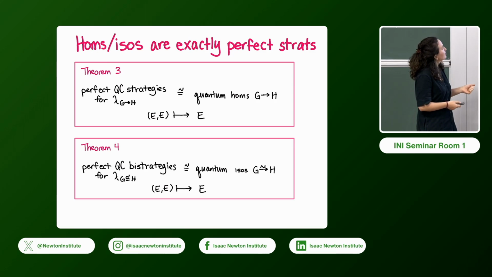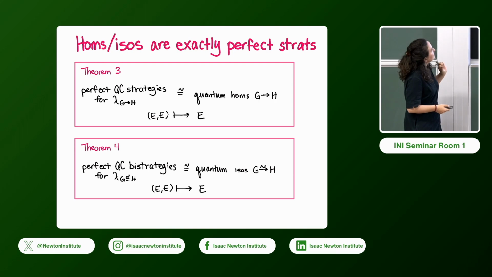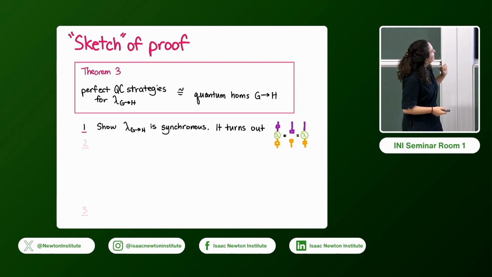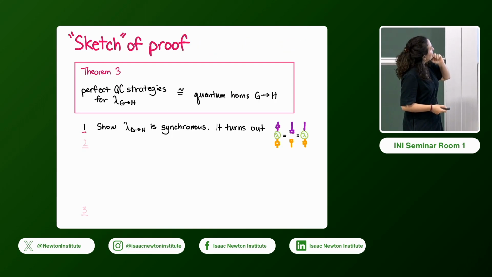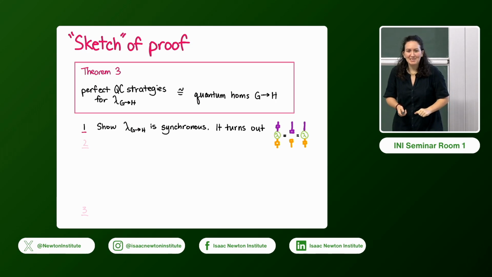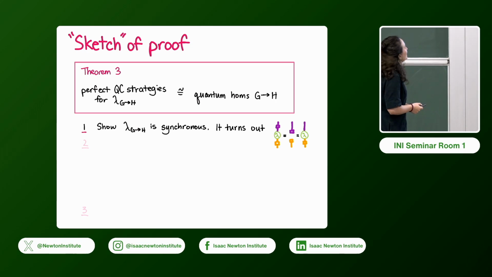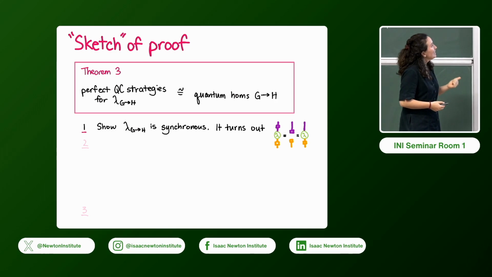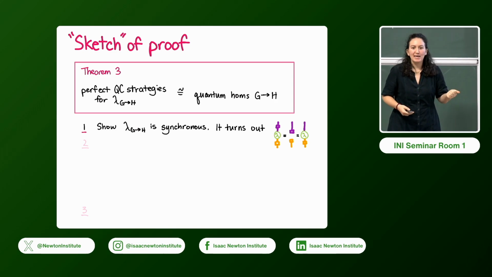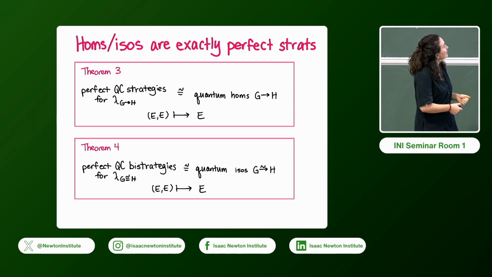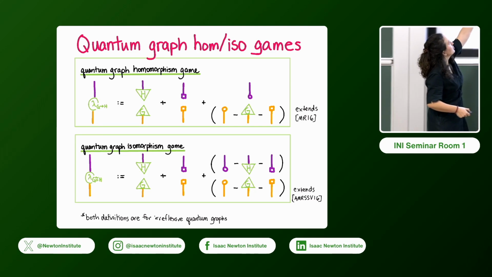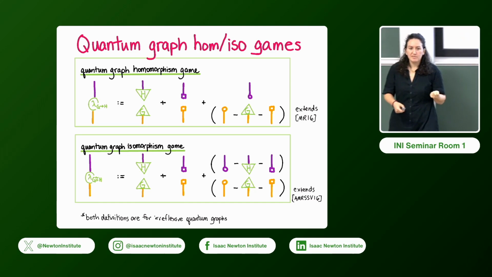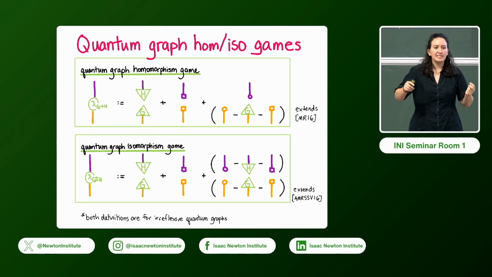Okay, so we're going to try to prove just one direction. I forget which direction we're going to show, but we'll see in a second. The first ingredient that we need is that the graph homomorphism game, as we wrote it down on the previous slide, has a synchronous rule function, so we need to check how it interacts with this projection onto the diagonals operator.